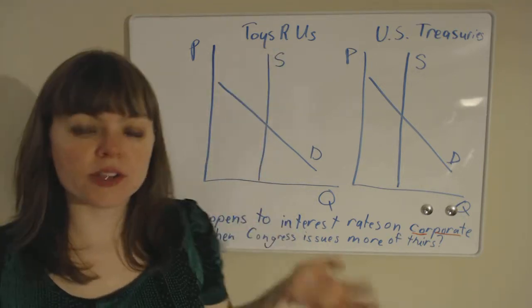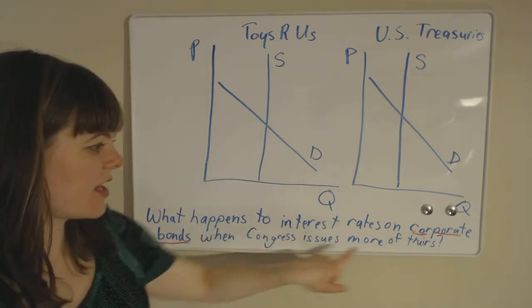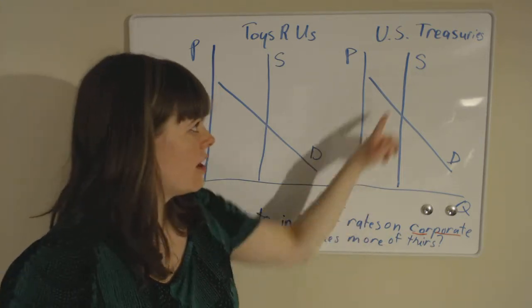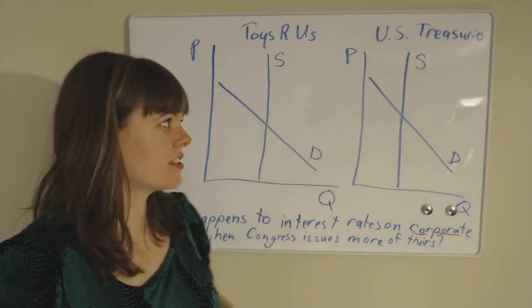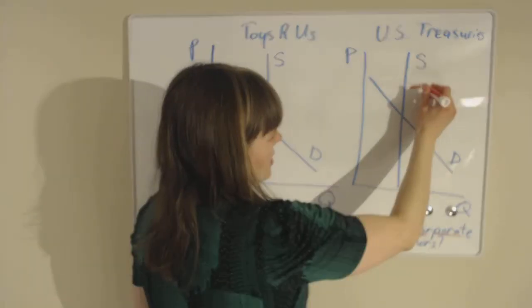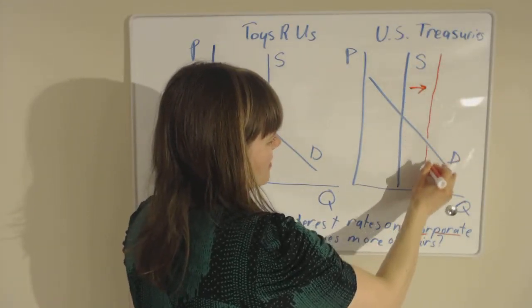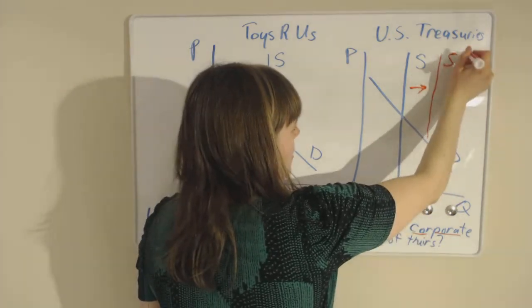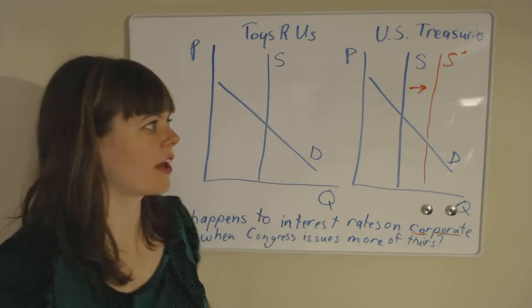And the answer is no, Toys R Us is not issuing more bonds. But we see that Congress is issuing more of their bonds. So that means that our supply curve of U.S. Treasuries, Congress's bonds, is going to be increasing. And of course, this would happen when Congress needed to borrow some money to finance a highway project. And they borrowed it from the public by issuing these IOUs.